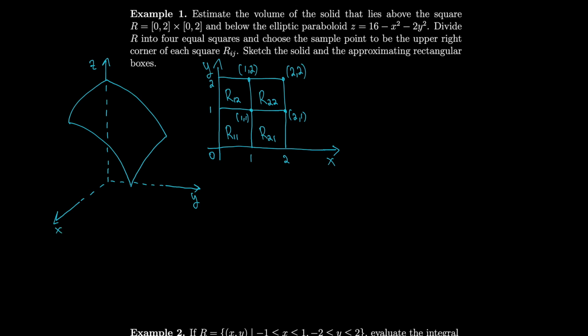Okay, so notice that this is the surface z equals 16 minus x squared minus 2y squared. So it intersects the z-axis at 16. Just plug in x and y equal to 0. And remember, we're only doing this over the square that's 2 by 2, so I'll just consider these stopping at 2.